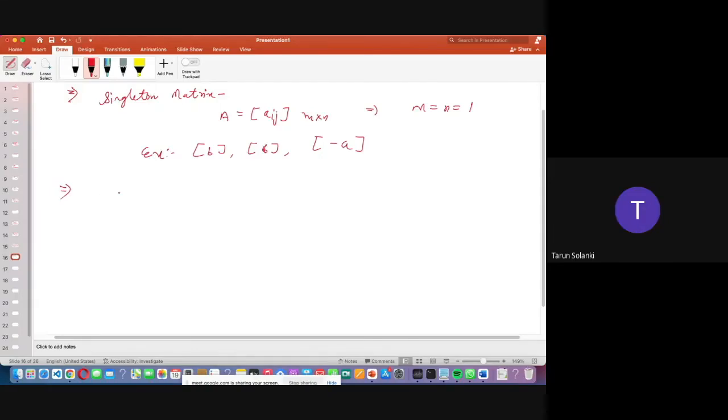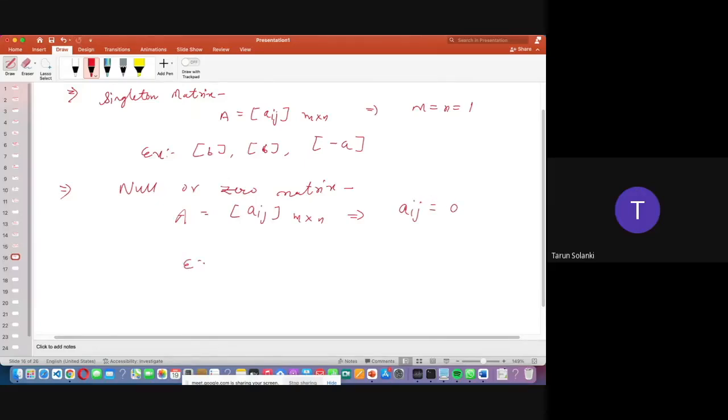Similarly, next is null or zero matrix. If in a matrix all the elements are zero, then it's called a zero matrix, and it's generally denoted by zero. We can write A = [aij] of order m into n is a zero matrix if aij = 0 for all i and j.